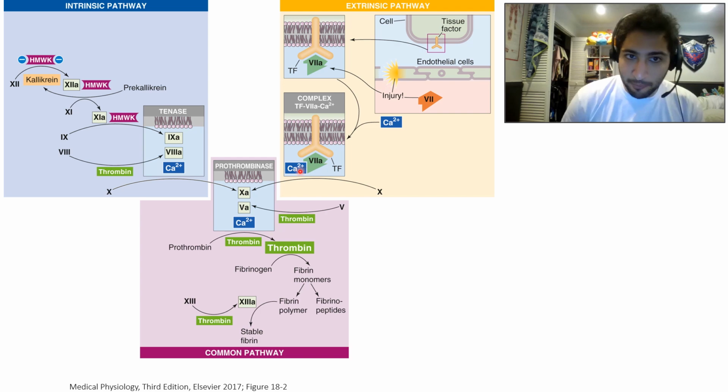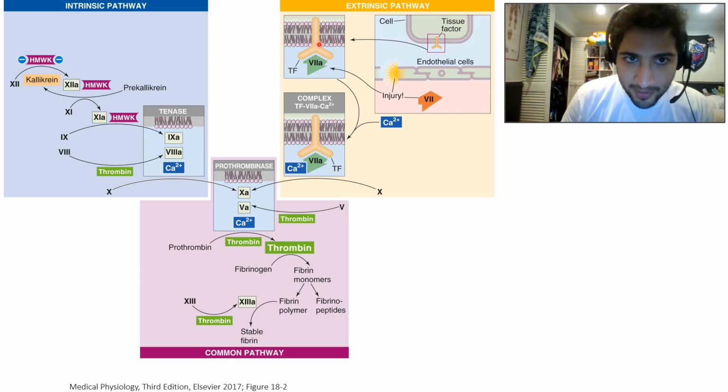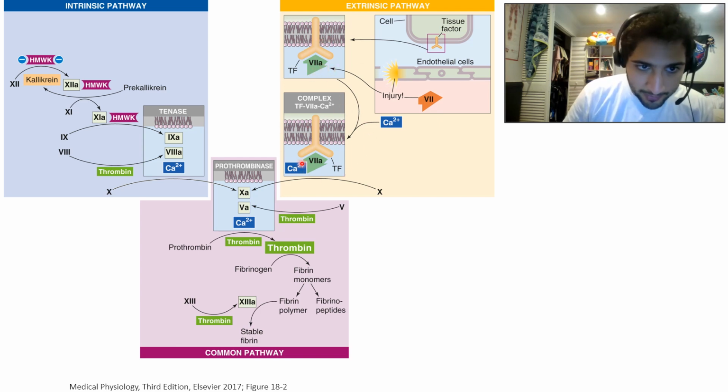Just to recap, because there was a lot there. There's an injury to the endothelial cell. This exposes factor 7 to tissue factor in the cell. The combination of tissue factor exposure as a result of the injury to the endothelium and the activation of 7, hence 7A, leads to this complex here.